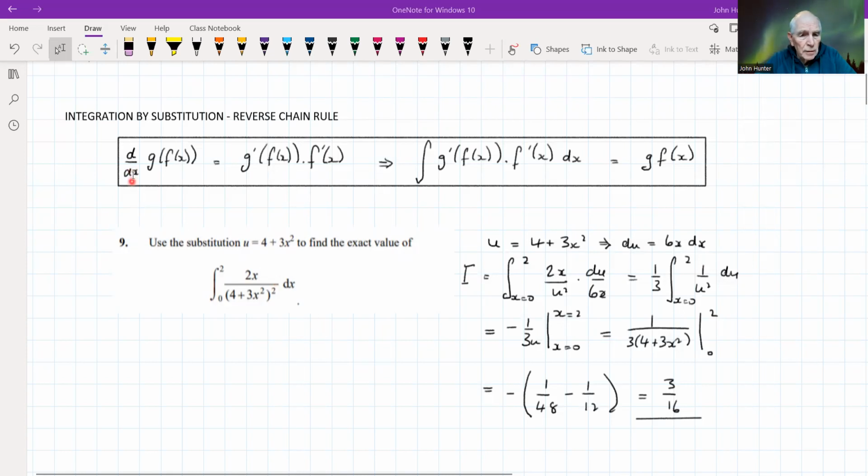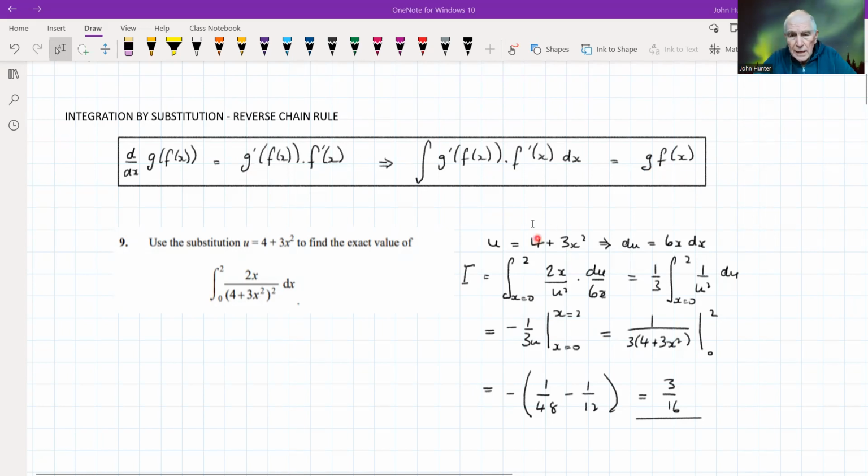If we observe that the derivative of a composite function is going to give us the derivative of g, the outer function, with respect to f of x, the inner function, times the derivative of f of x, then if we turn this around and integrate both sides, if we've got something of this form, that will integrate back to that original composite function.